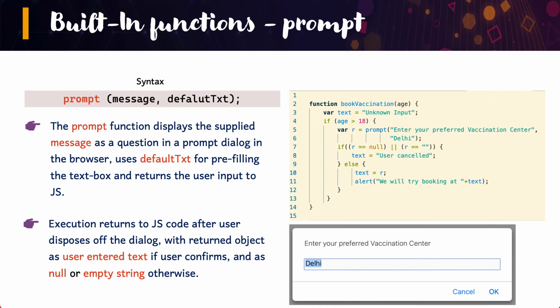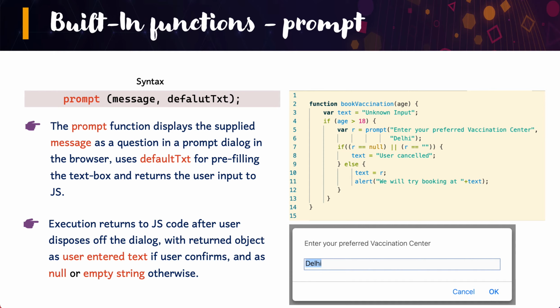The syntax is similar to the alert and confirm, except that here we have an additional parameter. The function name is called prompt. It takes two strings as input. One is a message that is to be used, and second is a default text.